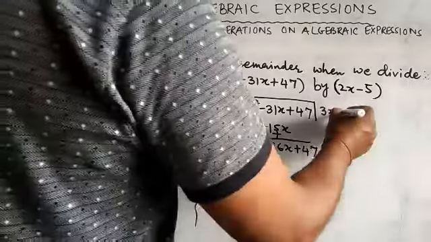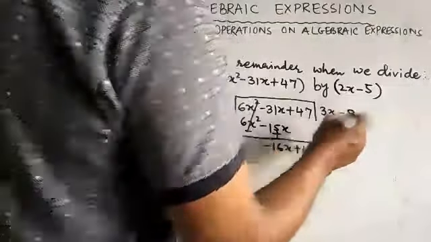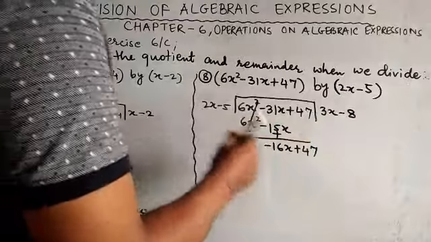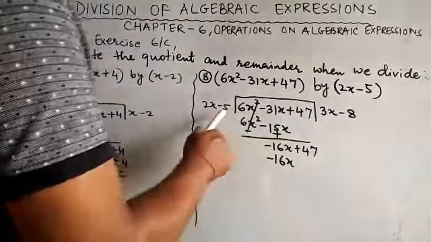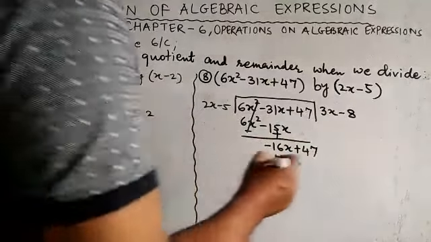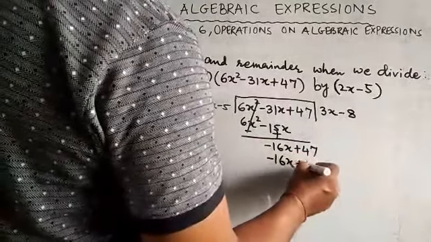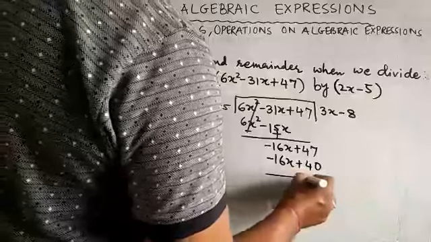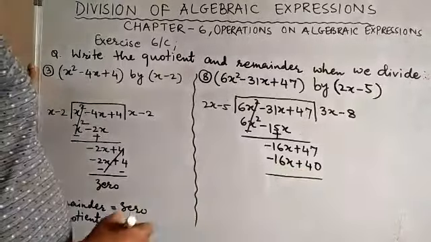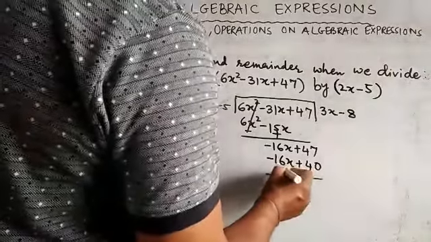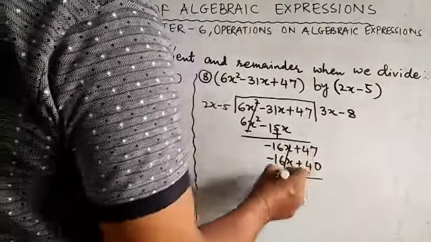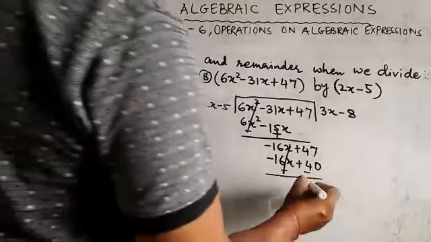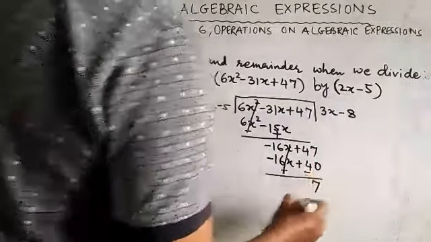Now minus 8 multiplied to 2x gives minus 16x, and minus 8 into minus 5 gives plus 40. Again, the sign of this bottom expression is to be changed. This will now be cancelled, and here we got 7 as remainder.